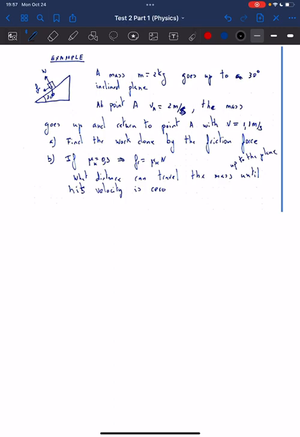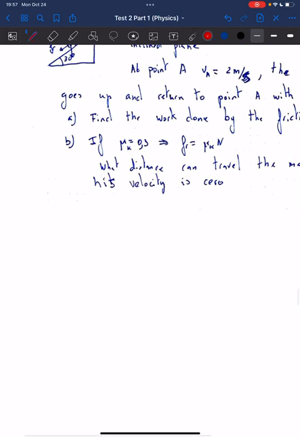We're going to use the equation for the net work, which will be W net equal to the change in kinetic energy. So we're going to use that with mg and the change in kinetic energy.